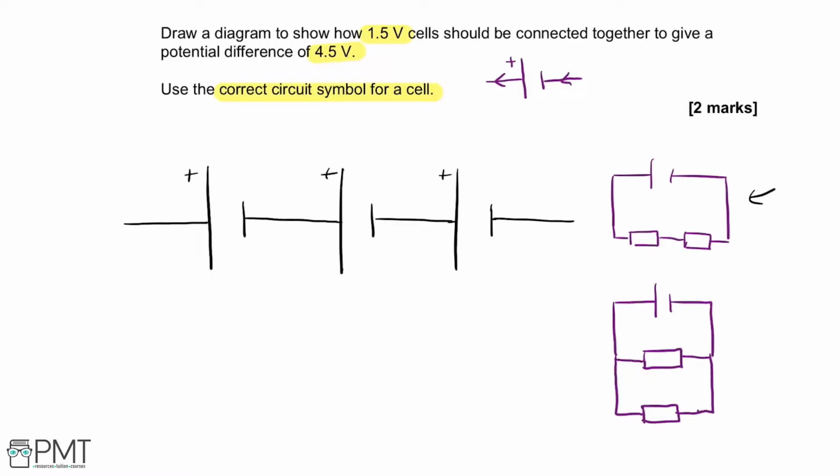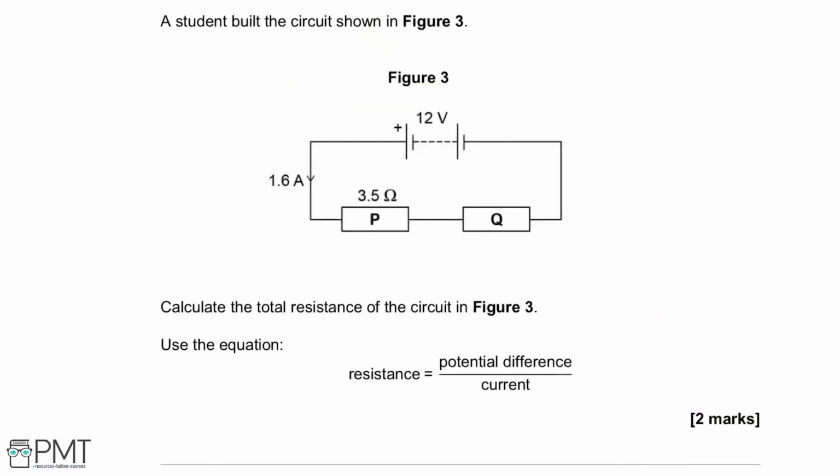Parallel is the other way that you can combine things. So if we had two resistors in parallel, they would look like this. So we'd have one here, and then we would have another down here, so they're kind of stacked on top of each other.